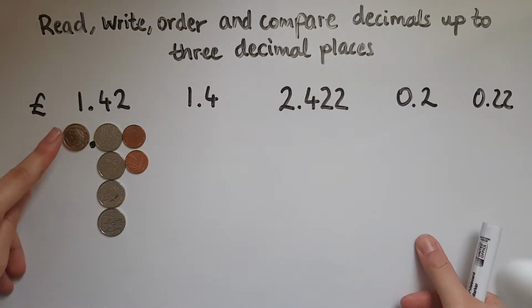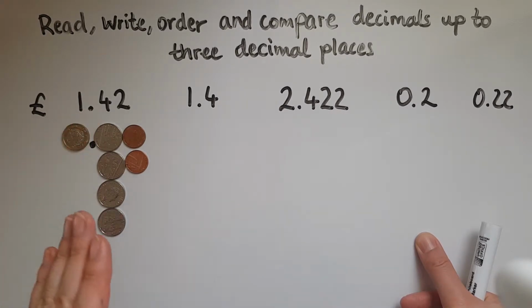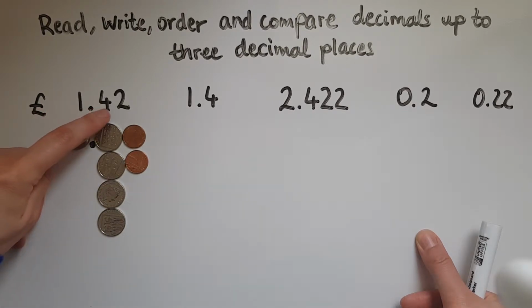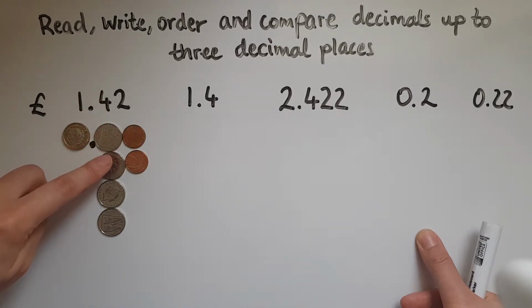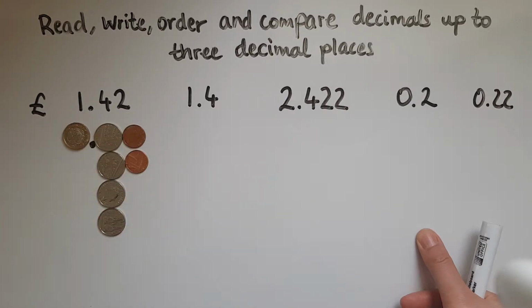The decimal point separates the wholes from the parts. So that means that I've got a whole pound, and the pound sign in front tells me this. So we've got 1 pound, and then 40 pence, so 10, 20, 30, 40, and there are 2 pence. So £1.42.